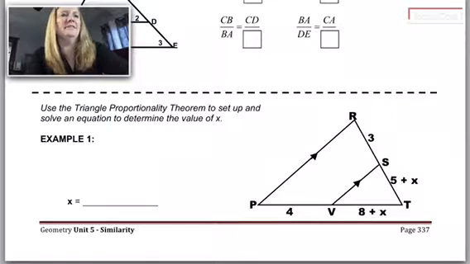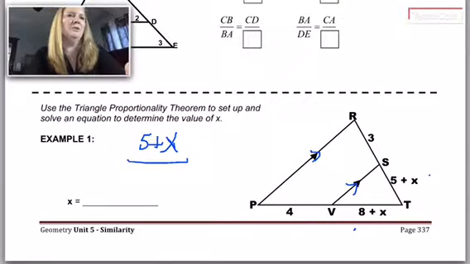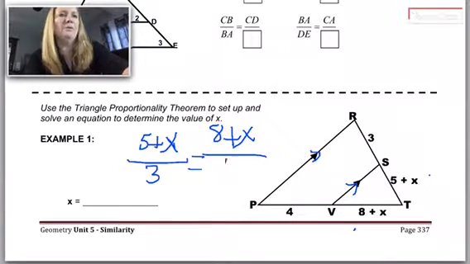One way I try and tell people is to go from one triangle to the other. There's a reason for that, but there's a lot of different ways. But if I put 5 plus x in the top of my ratio here, and then put 3 in the bottom, then I'm going to put 8 plus x over 4.